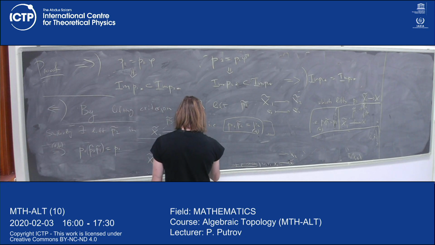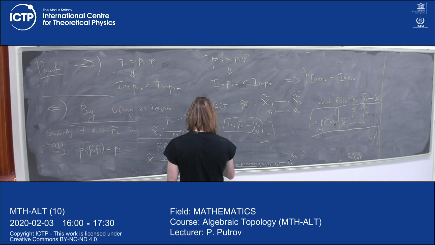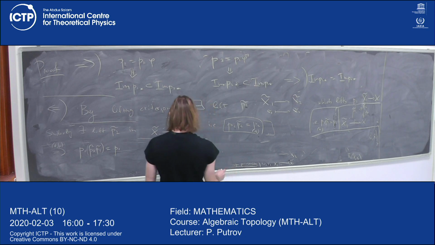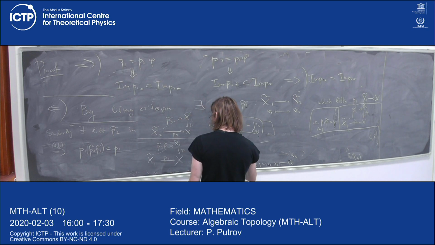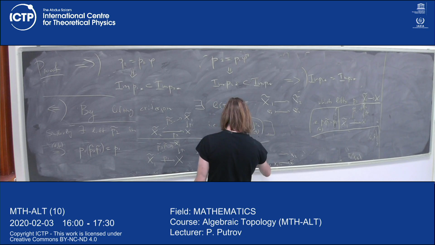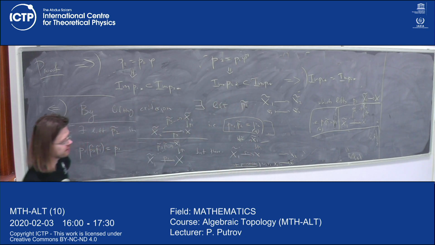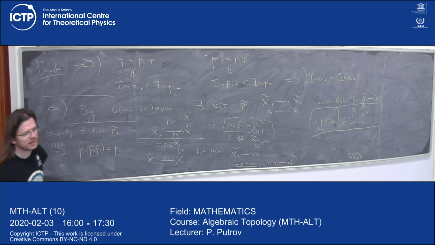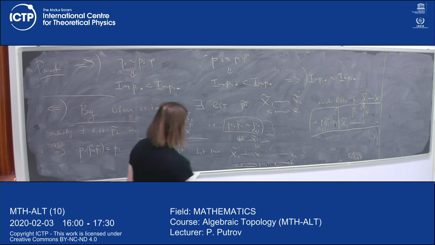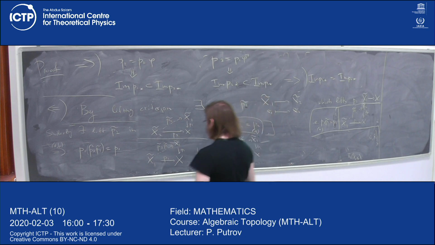But of course, we also have another lift. If you want to lift p1 with respect to p1, you can also lift it by just acting by the identity. This, of course, will be a lift.